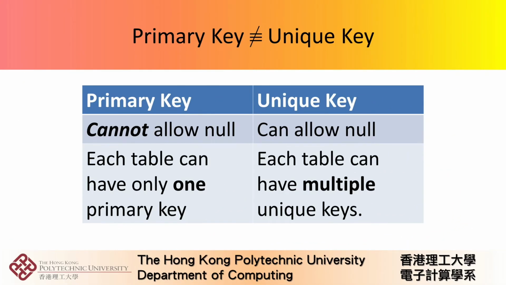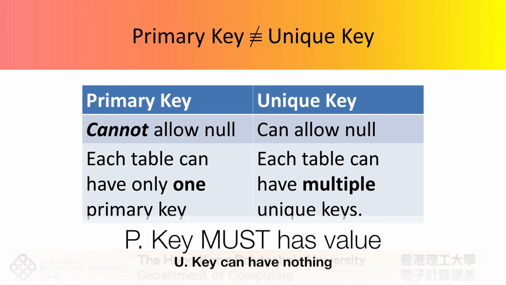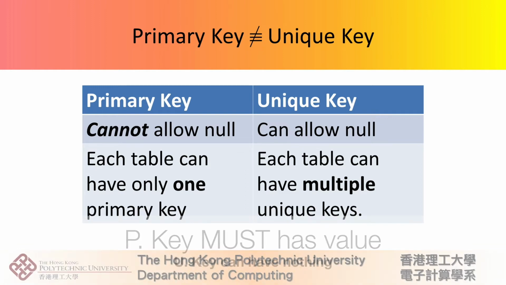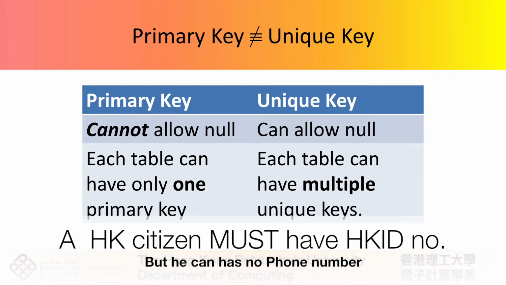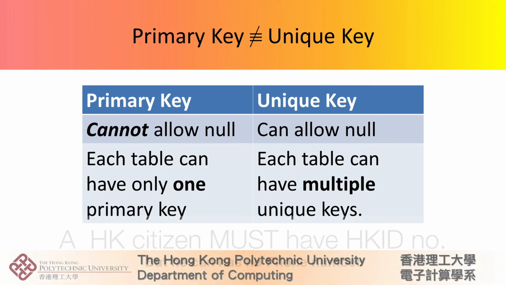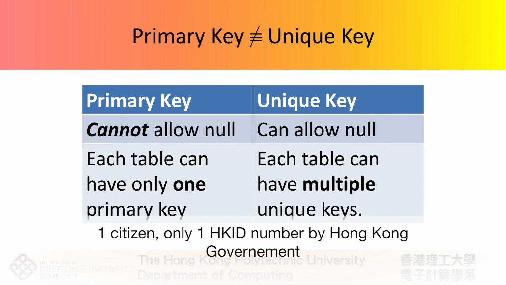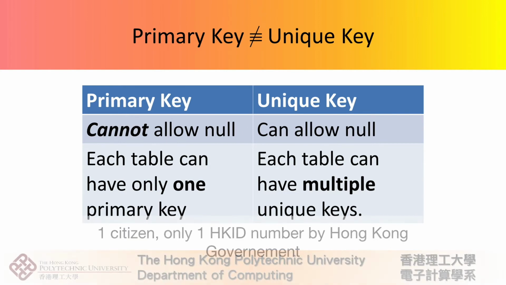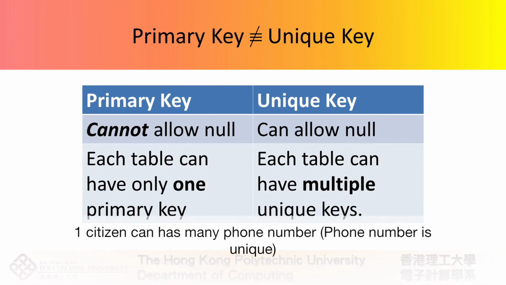Primary key and unique key are different things. Primary key cannot be null, while unique key can be null. Each table can have only one primary key, but each table can have multiple unique keys.